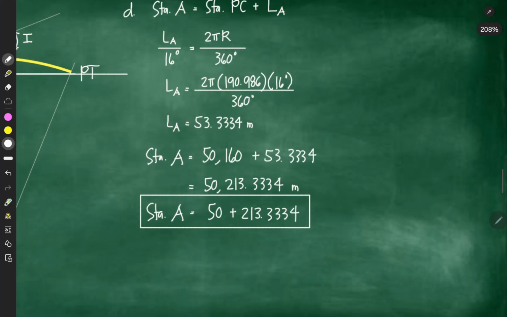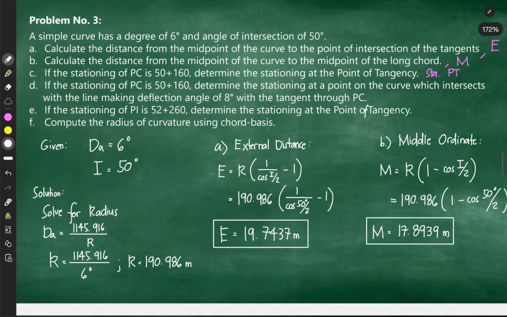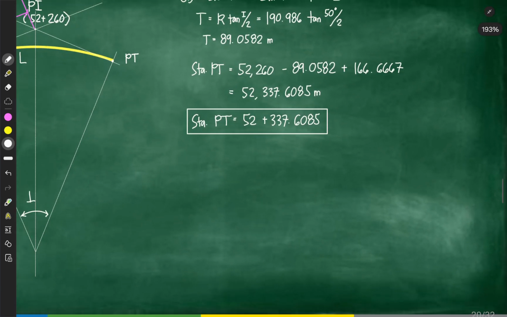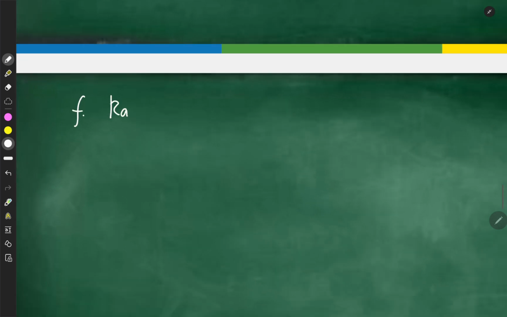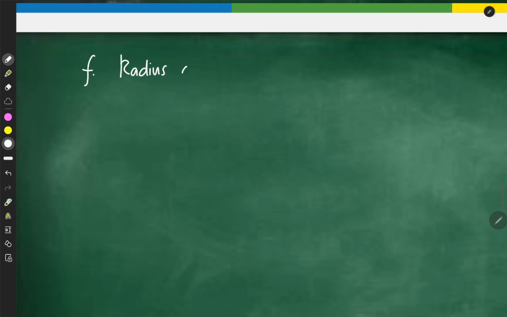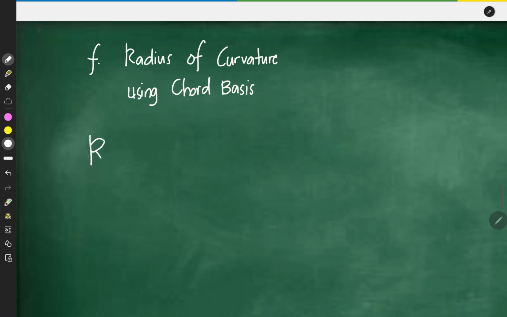This is now the answer for our stationing of PT. And last one, for our letter F, compute the radius of curvature using chord basis. Using the chord definition, R is equivalent to 10 over sine of DC over 2.